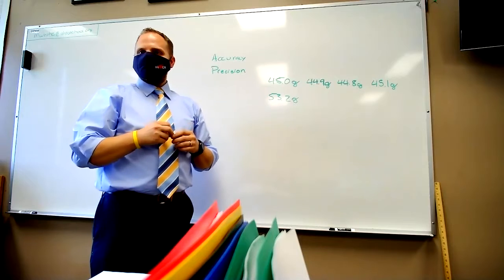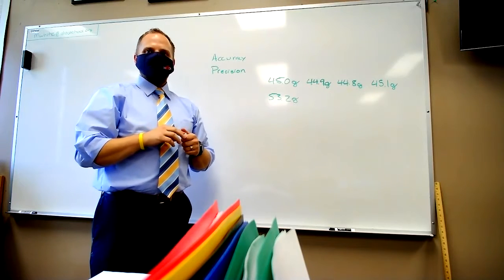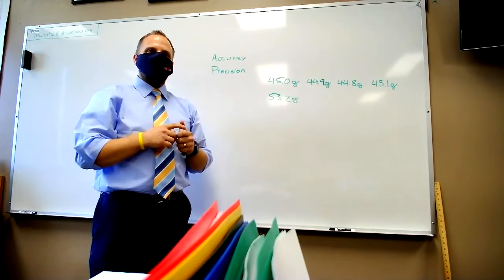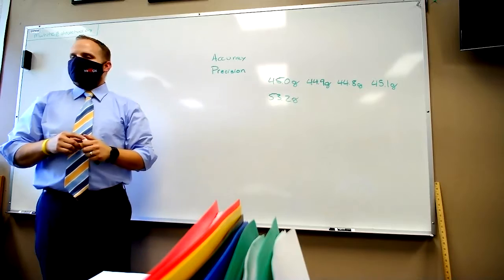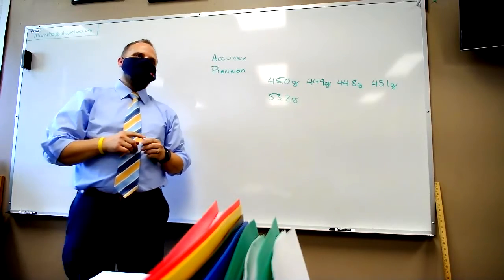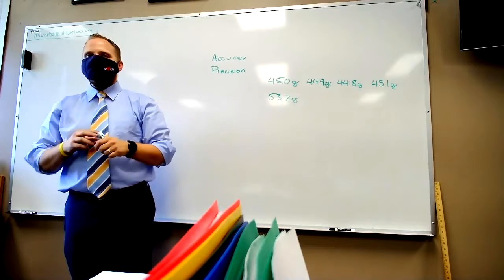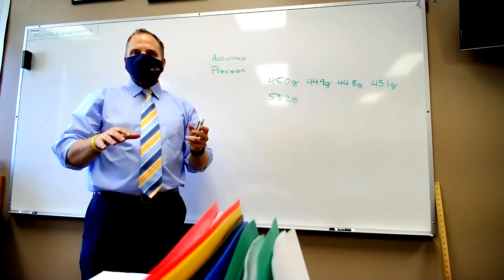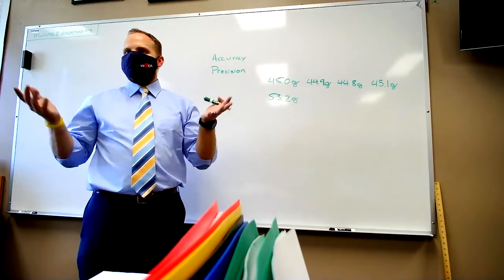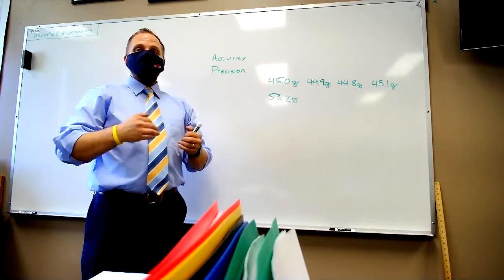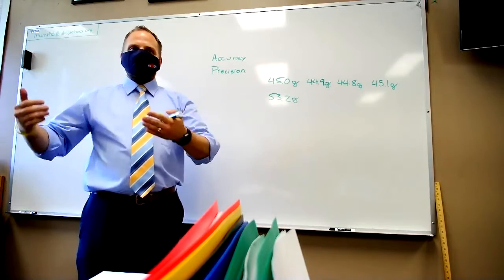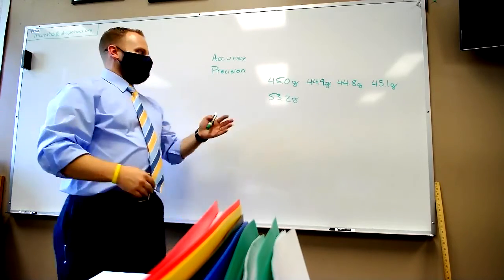Any of you play piano? One person? Wow. Well, you can probably still understand this analogy. If you have to play the piano, there are specific keys that you have to hit to make the right sounds, right? If you can play a song over and over and over without making mistakes, that's precision.